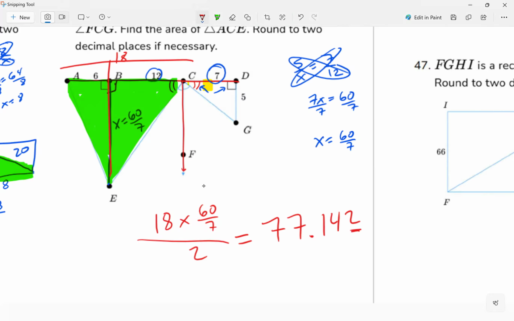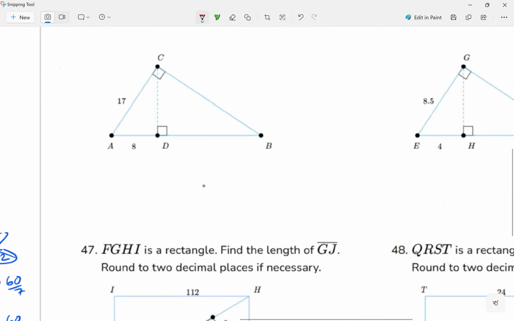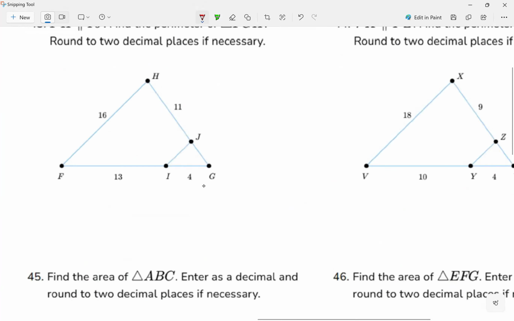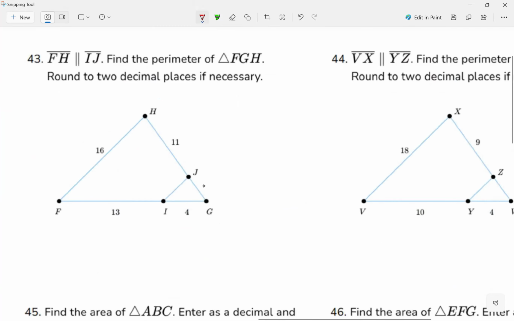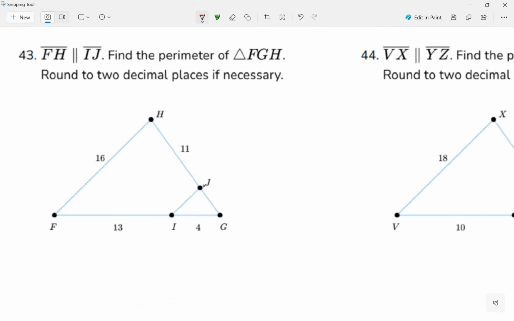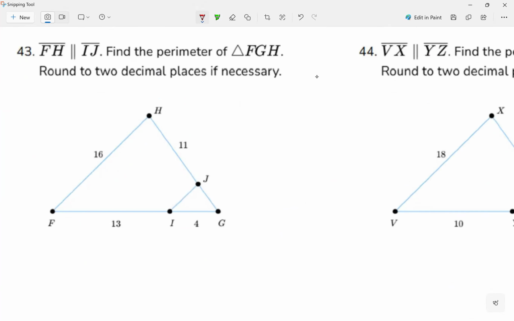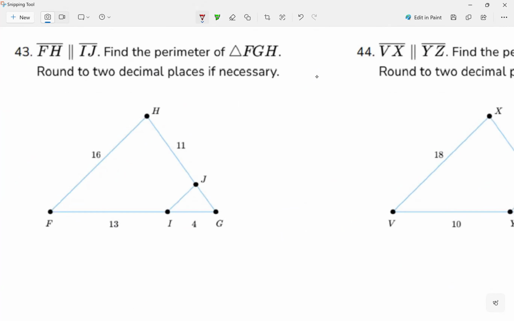Okay. I said I'm working up until 44, so let me flip the page. Let me move on to number 43. So the segment FH is parallel to IJ.